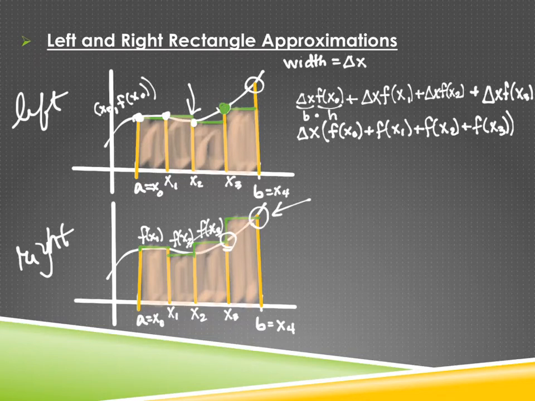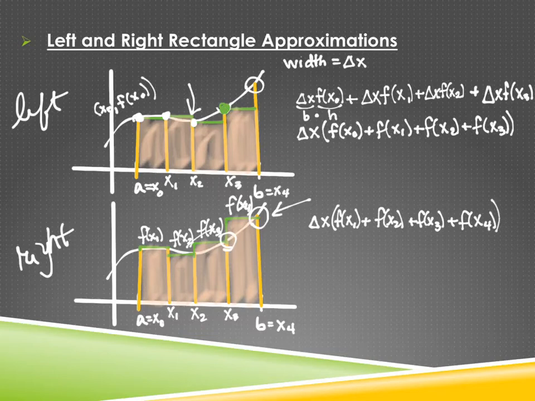And the fourth one? f of x4. So when we're calculating the areas of the second set of rectangles, we can use what we've already discovered to know that we're going to be multiplying them all by delta x. And we're adding 4 heights together, and they are f of x1, f of x2, f of x3, and f of x4.